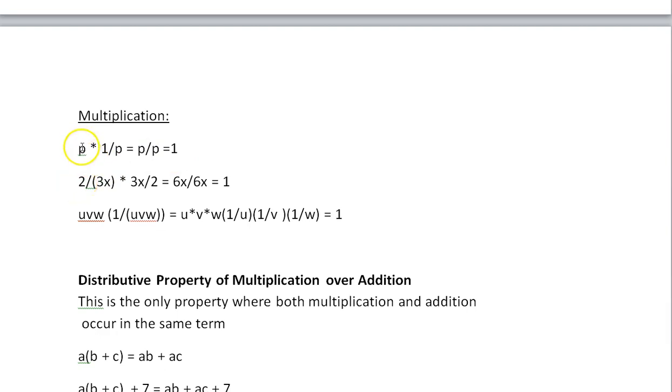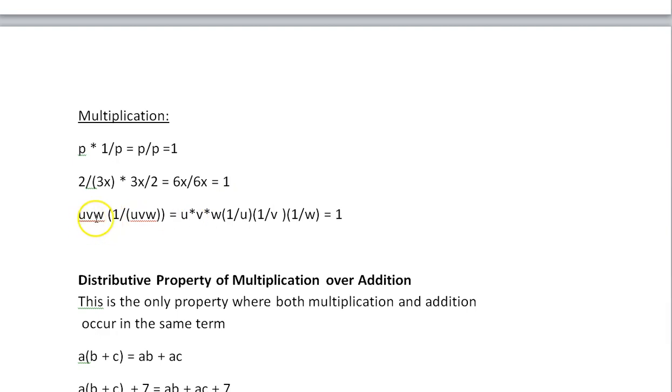When I already have a fraction, it makes just as much sense to use that fraction and turn it on its head as it would be to put it over 1 and then have to deal with it. So I have 2 over 3x, and this, I want to be clear, is part of the denominator. Then I multiply by 3x over 2, which gets me 6x over 6x, which is a 1.